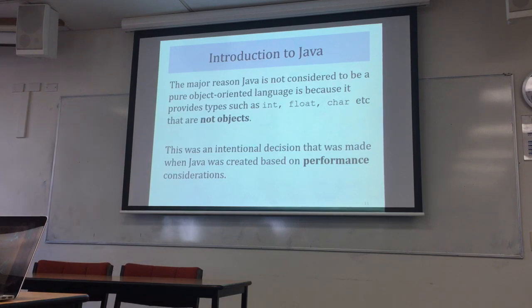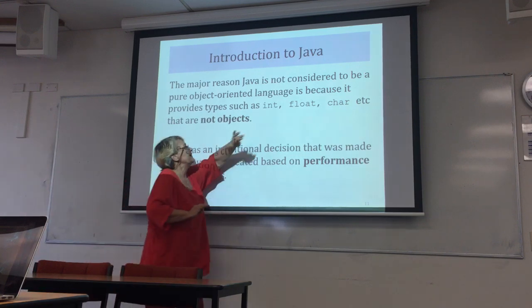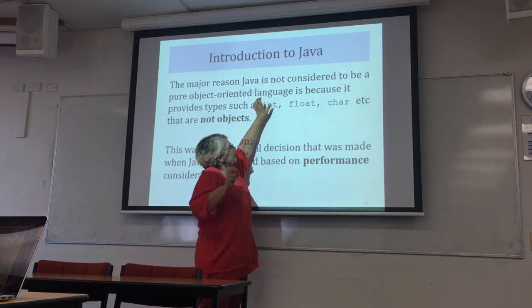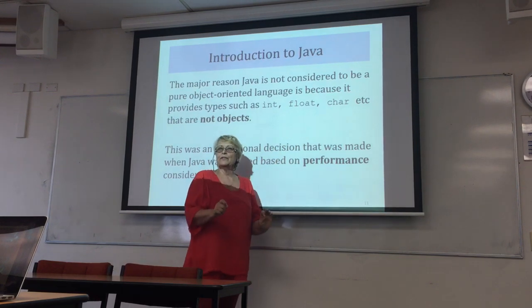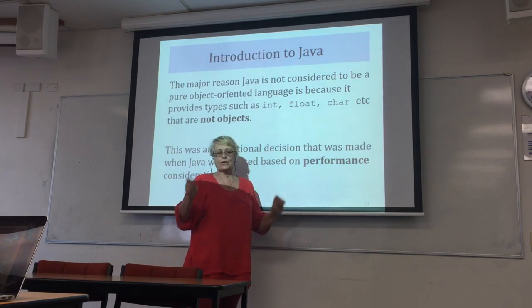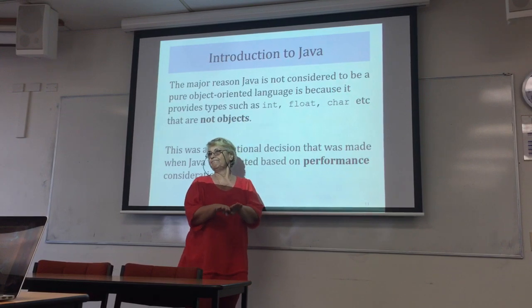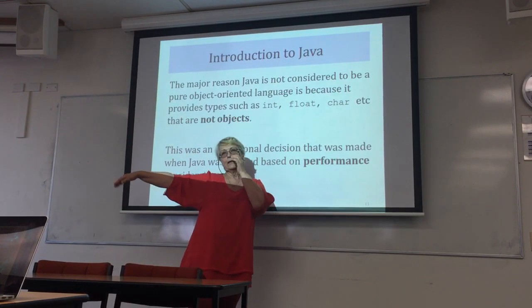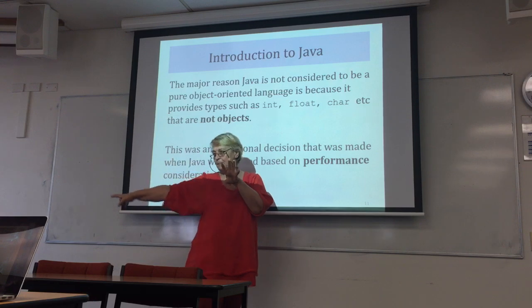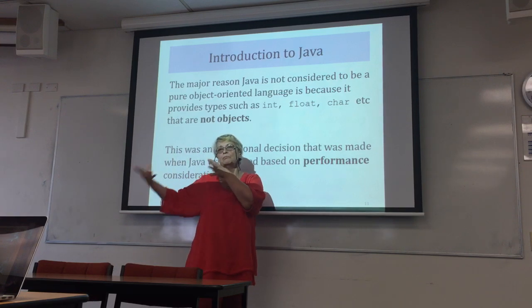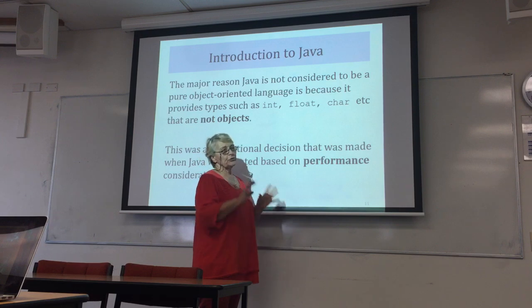If everything were a class, the running of the programs, which were very slow at the beginning and have sped up along the years, would be significantly slower. You will see int, float, chars are called native types, and they are the only ones stored on the stack. Everything else is on the heap. Everything else are references, as we call them, which have pointers behind, but you don't see them.